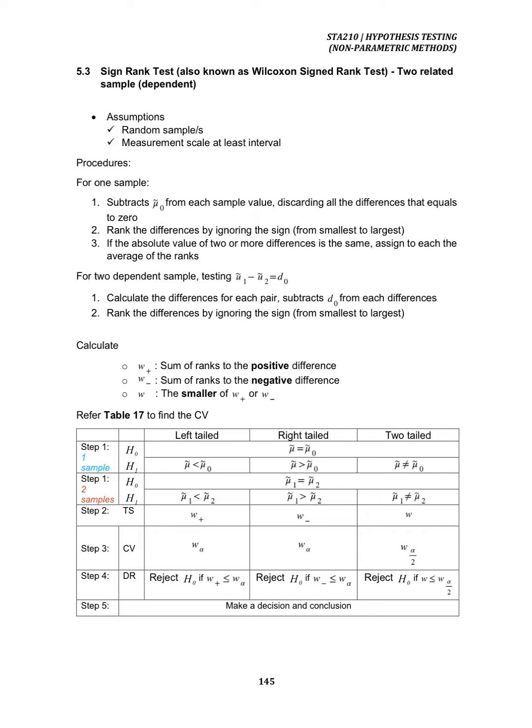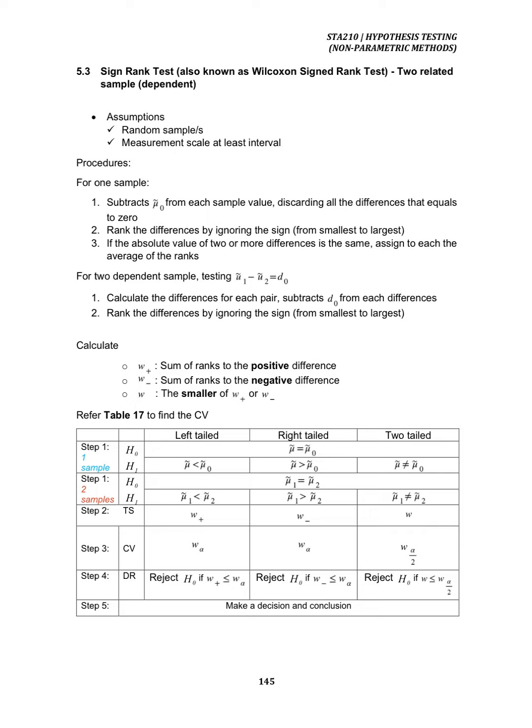Because we have the left tail, right tail, and also the two tail, so these values will be used for one of the tests. The statistical table involved here is table 17.